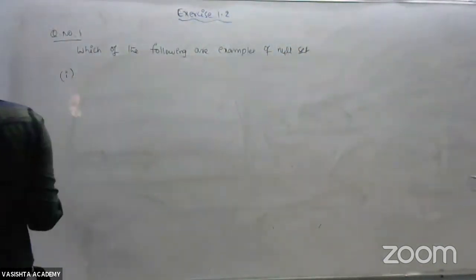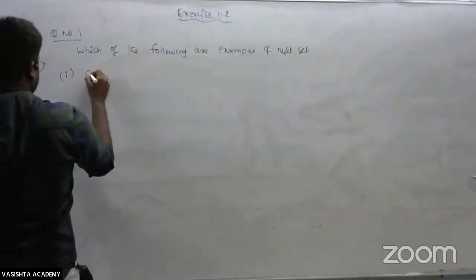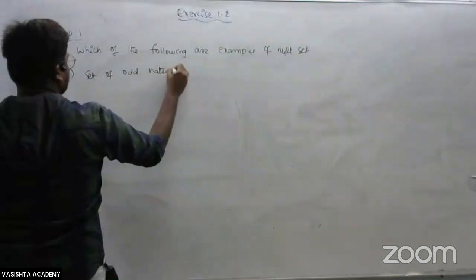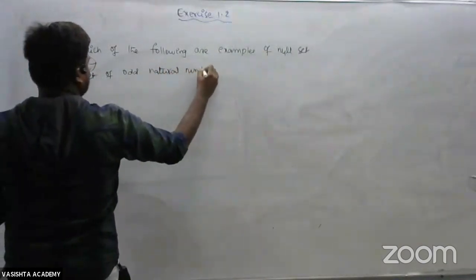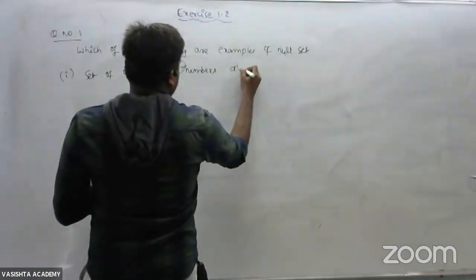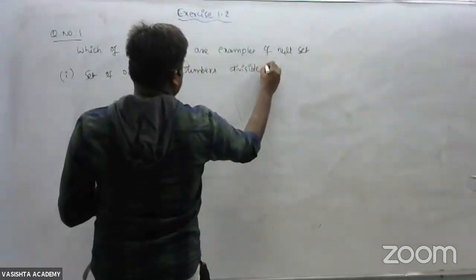So here there are 4 problems. First one, set of odd natural numbers divisible by 2.